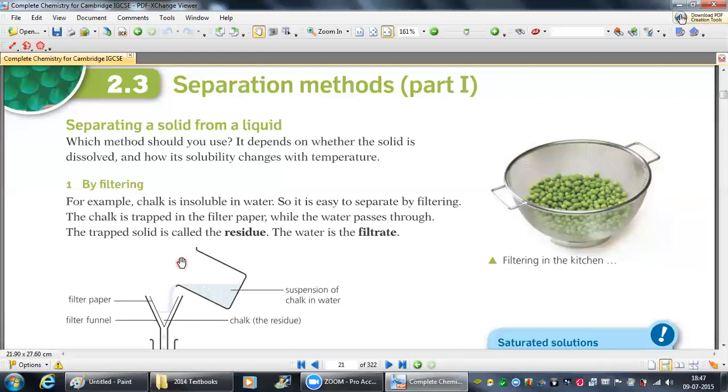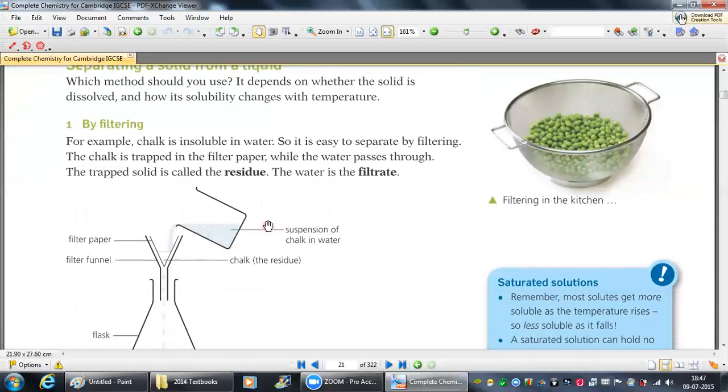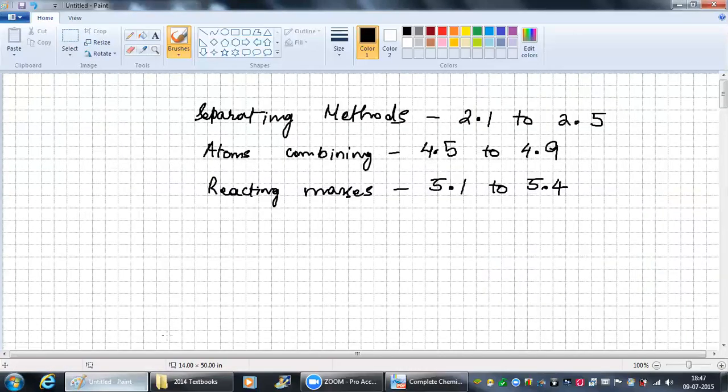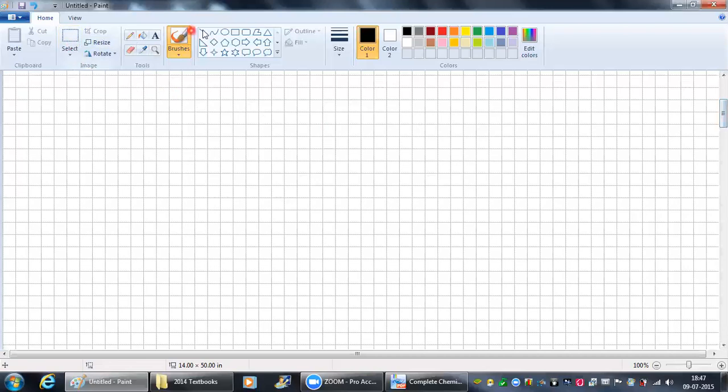Now see separation method. The first method is applicable for a solid that is insoluble. This method will be filtration. Okay, so we are just going to note down the method of separation.